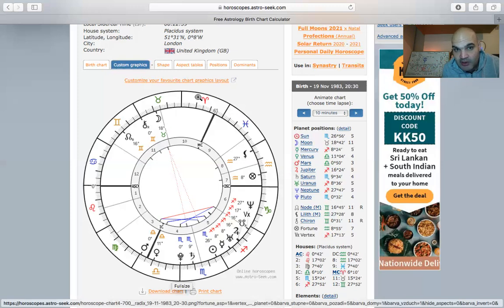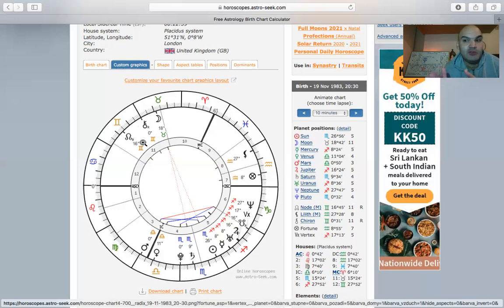Each sign is also a particular part of the body. So if you have loads of planets in a particular sign, that means you have loads of energy concentrated in that part of the body. In relation to my chart, I have a lot of energy concentrated in my thigh area and the hips, which is Sagittarius, the genital area, which is Scorpio, the kidneys, which is Libra, the throat area, which is Gemini, and the hands and the lungs, which is also Gemini.